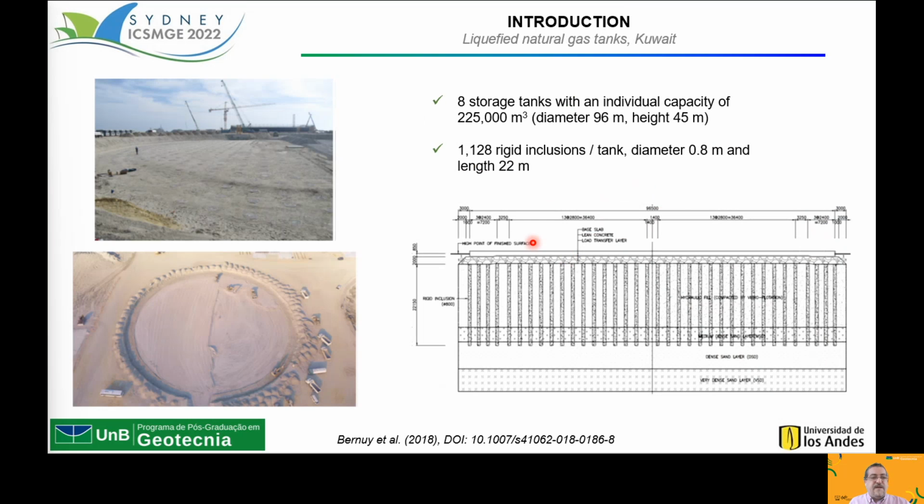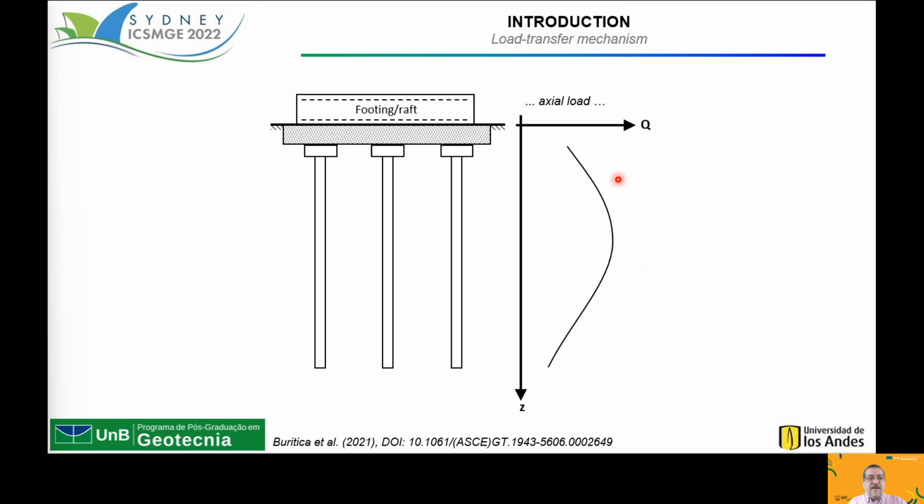More recently, a very large project of liquefied natural gas tanks: each tank has 96 meters diameter, and the foundation was reinforced by 1,128 rigid inclusions with a diameter of 80 centimeters and 22 meters in length.